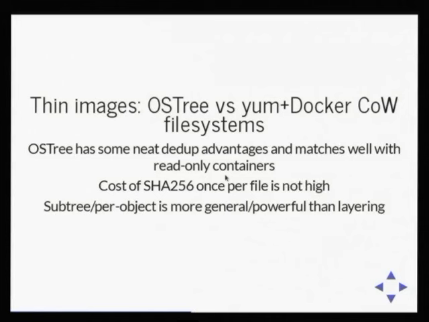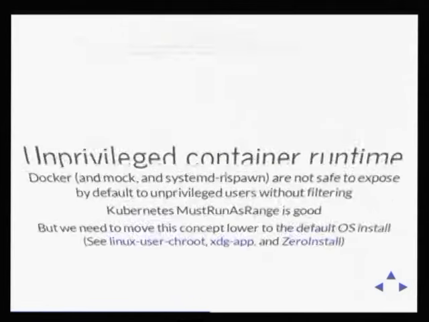So that was why I created a new format. It also uses SHA-256 instead of SHA-1, which I think is the right choice. And there are some other details. But what I'm going to demo later is how, if you have this model of checksummed subtrees, it's more powerful in general than layering.